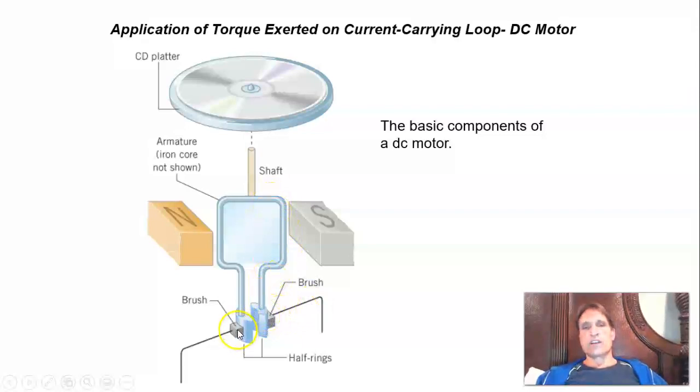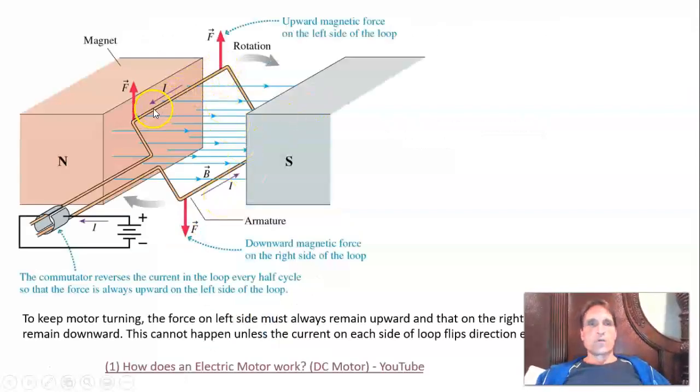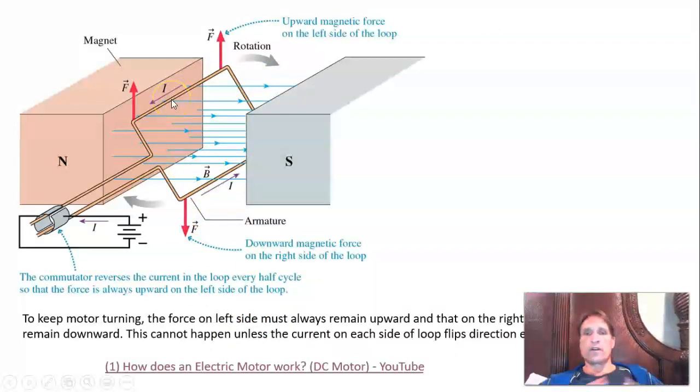And whatever side is connected to this brush, the current will always be flowing downward. And so this has to continue to rotate, and the rings make and break contact with this brush, and the net effect is that the current in this side will always go downward, and the current here will always go upward, and you will continue to have this torque in the same direction.